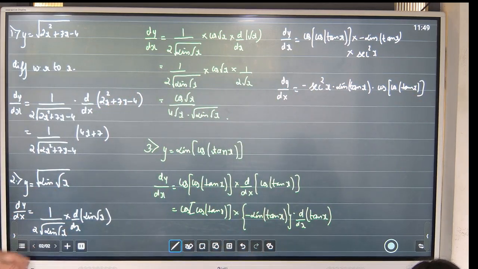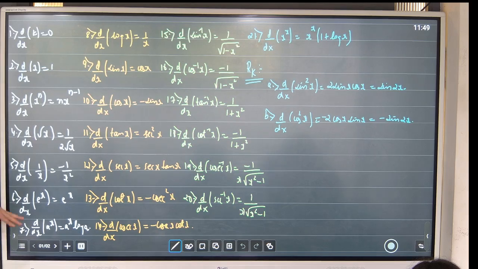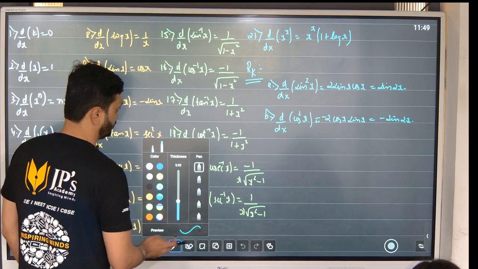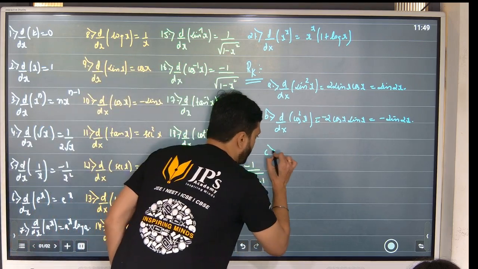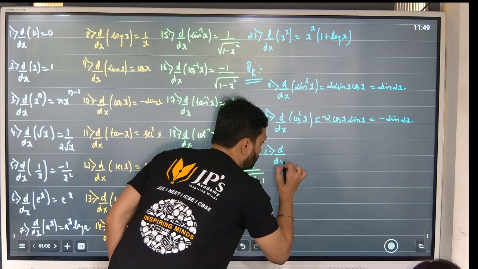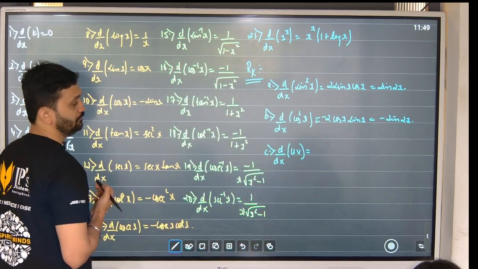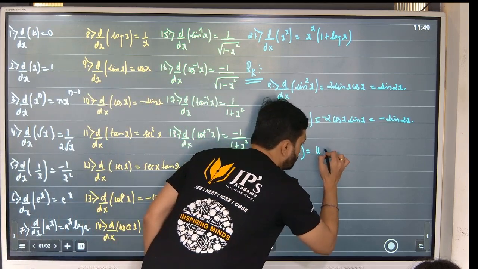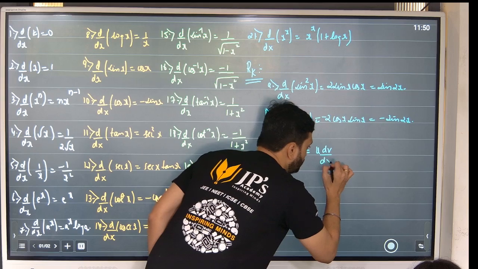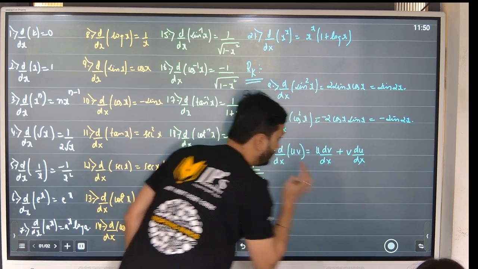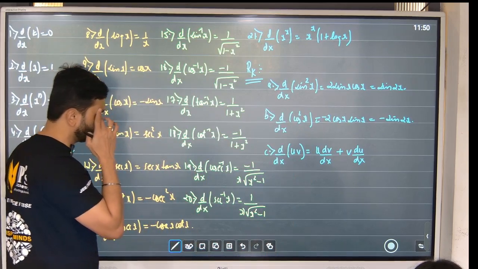Now, there are two things which are not formulas, but we treat them as formulae. Now, what are the two things? सबसे पहले है product rule, and the formula for product rule is first term into derivative of second term plus second term into derivative of first term.